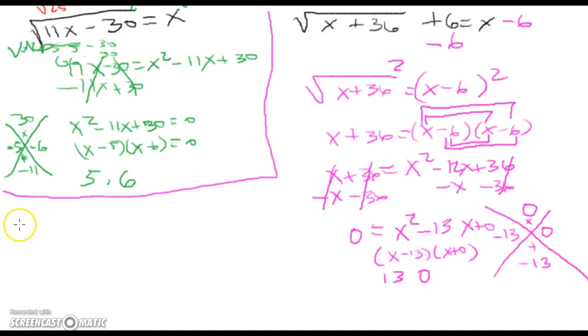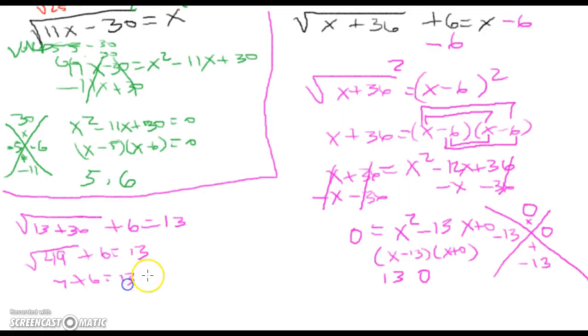So if I plug in 13, then I end up with the square root of 13 plus 36 plus 6 should equal 13. So again, I plugged in 13 here and 13 there. This becomes the square root of 49 plus 6 should equal 13. And that is 7 plus 6 should equal 13. Hey, that works. Awesome.